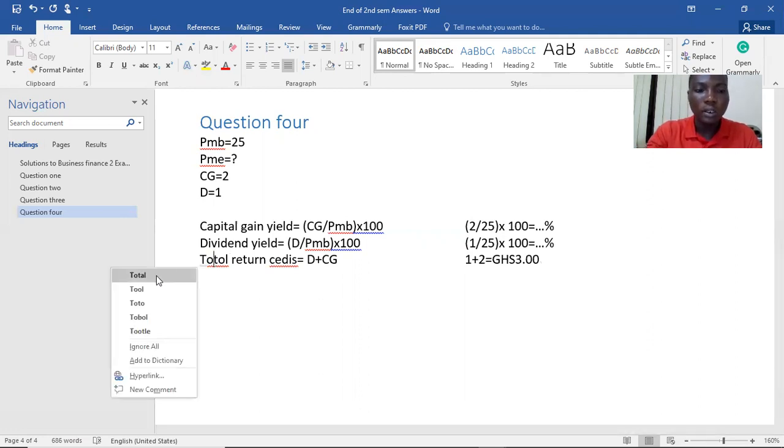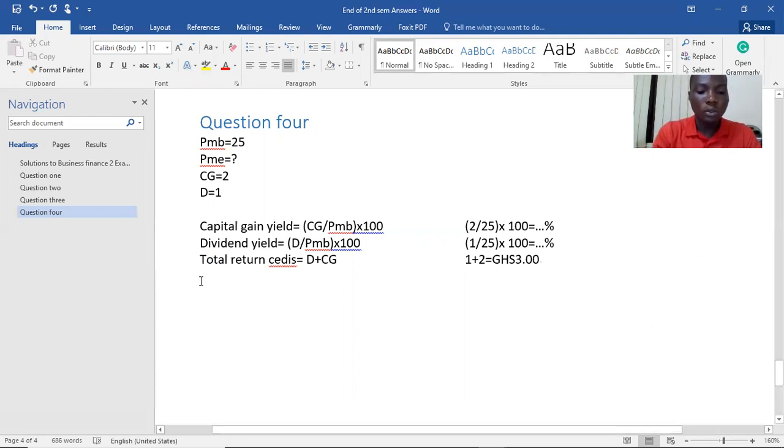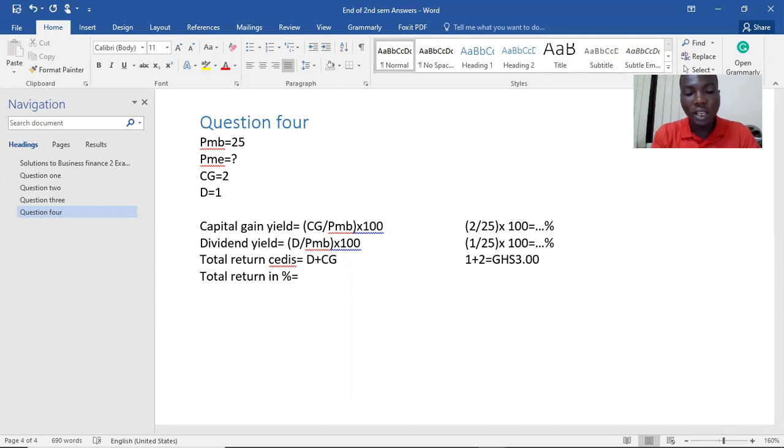Then you have to find total return in percentage, right? And it's equal to my total return over the price at the beginning.